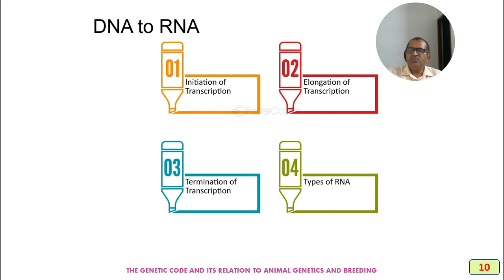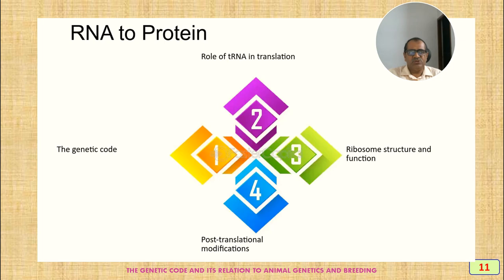The process takes place from initiation of transcription, then elongation of transcription, then termination of transcription, and different types of RNA are produced. For example, messenger RNA and the different RNAs are there in the cell and sometimes the cytoplasm also. Hence, RNA to protein.